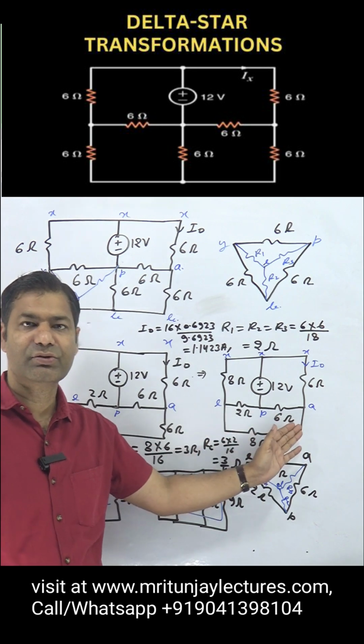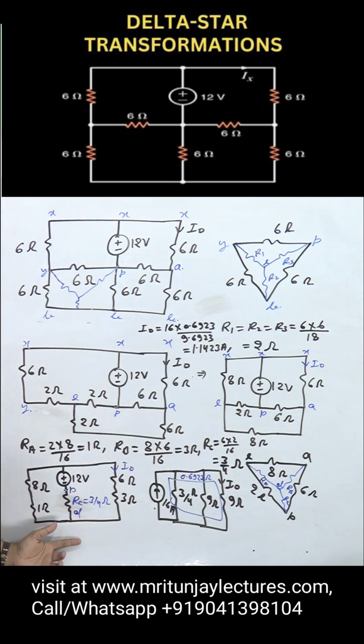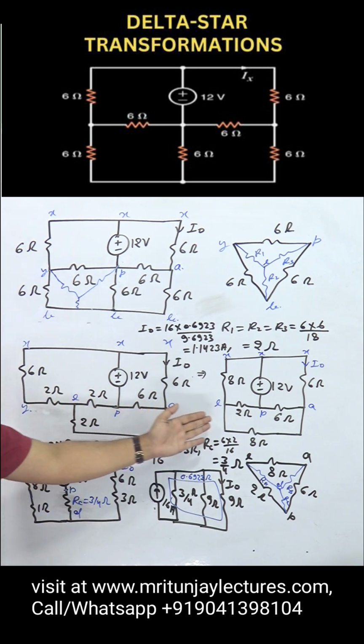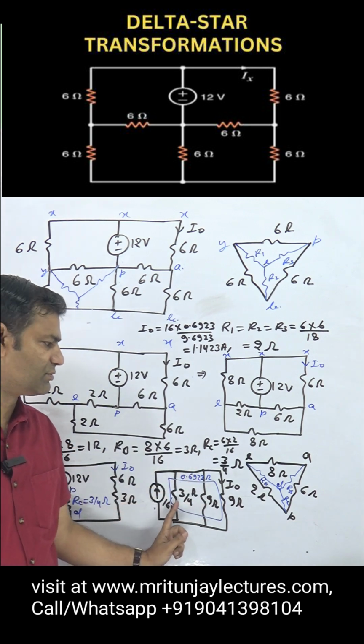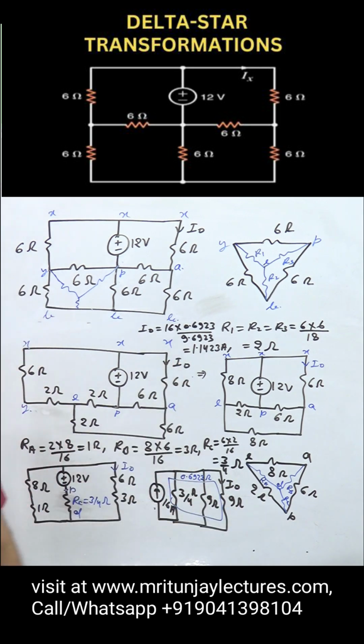Again apply source transformation. We got that one. After that apply star delta transformation. After that apply source transformation. We got that one. And after that apply current division rule and we got I naught. Clear it.